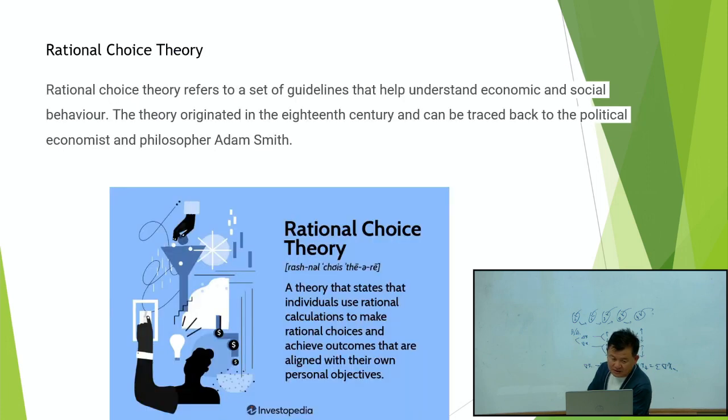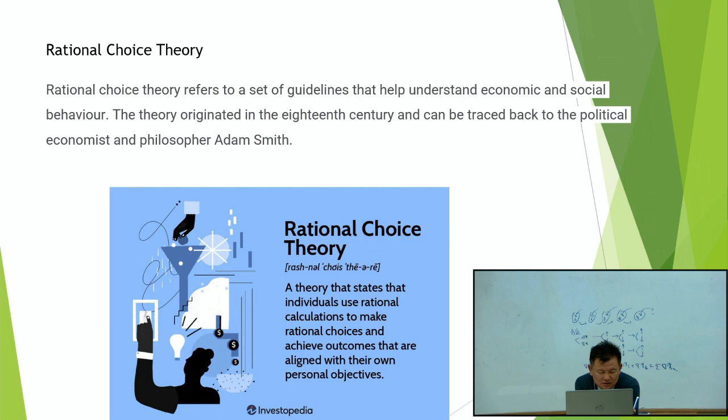So rational choice theory refers to a set of guidelines that help understand economic and social behavior, how human beings do their buying or consuming. This is rational choice theory, and it contains some guidelines.